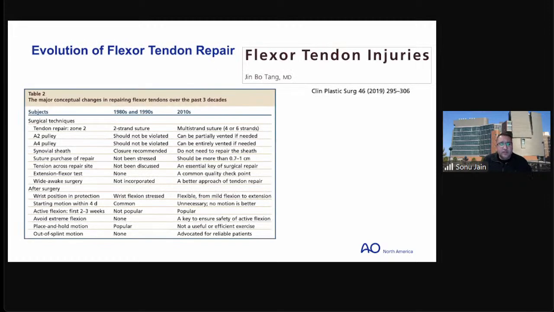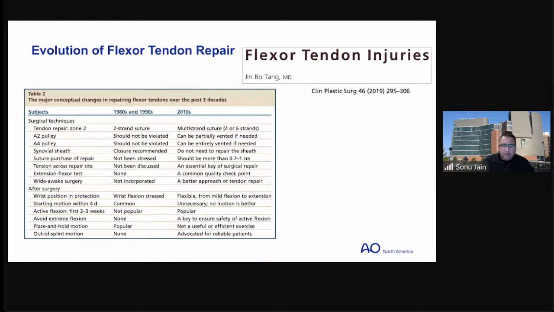This is one of my favorite slides, and again, I have to credit Dr. Tang. Whenever I talk about flexor tendons, I like to show what was done before and what is done now. I'm not going to go over all of these, but there are some key points. We used to talk about 2-strand, now we talk about doing 4 or 6.